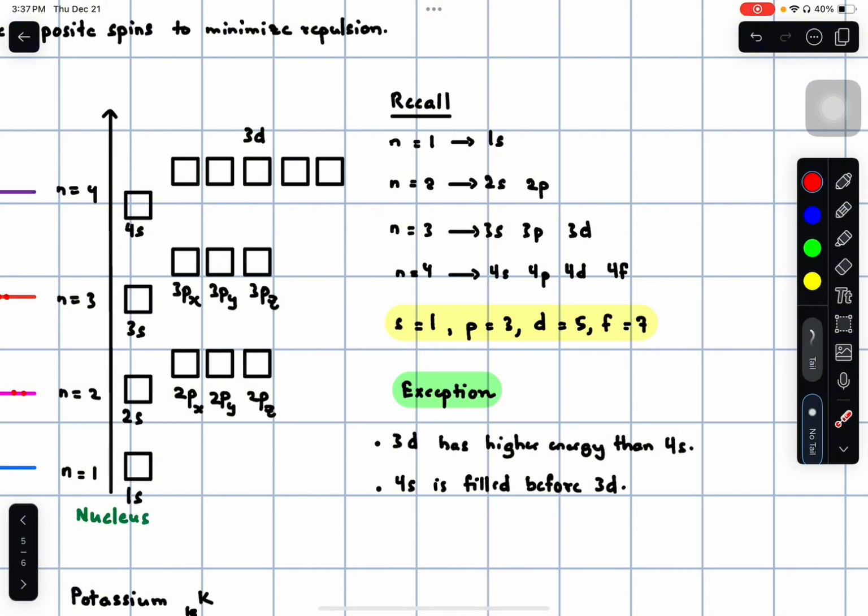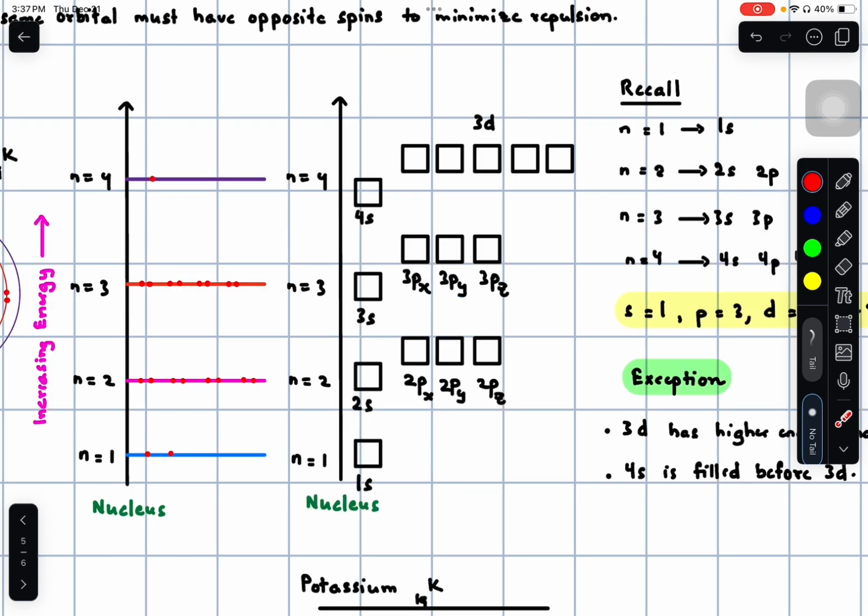The s subshell has only 1 atomic orbital, p has 3 atomic orbitals, and d has 5 atomic orbitals, and that is why we can translate this energy level diagram into the more detailed subshell diagram here. Remember that each box represents an atomic orbital.